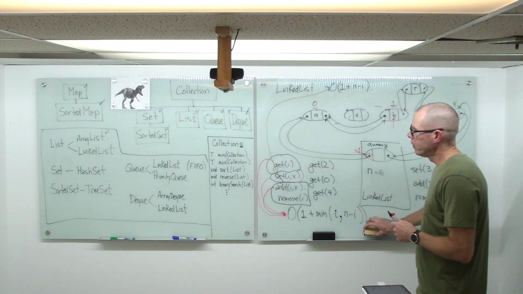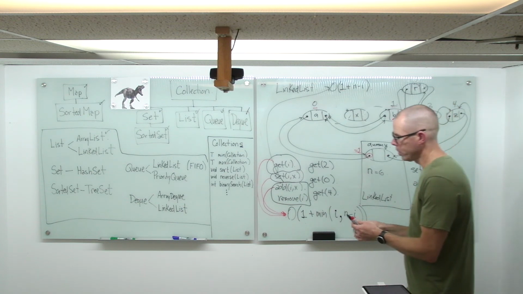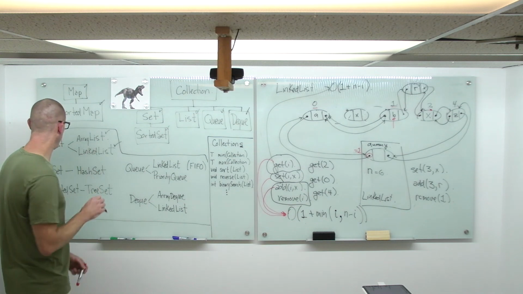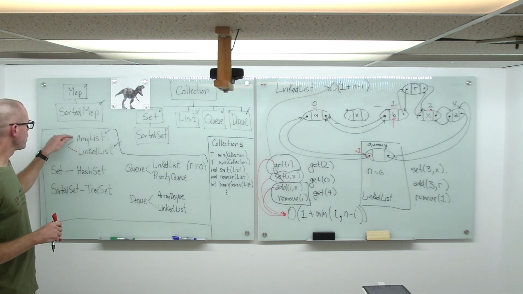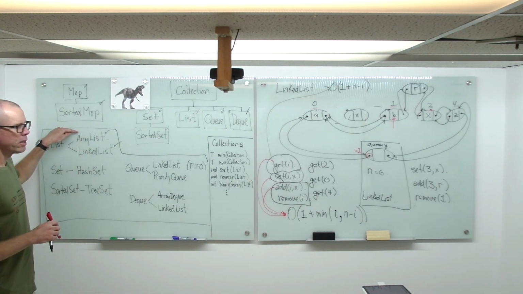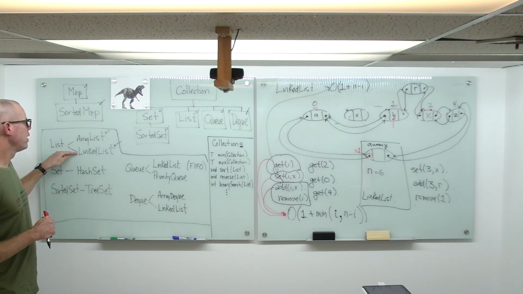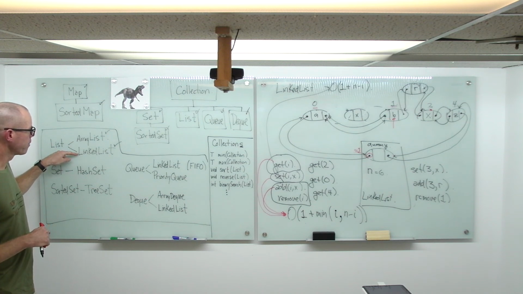All right. So now, actually, we can see a few things quickly. We have these two implementations of list. ArrayList is great if you want random access to values without adding or removing. Linked list doesn't give you fast random access throughout the list, but it's very fast for adding and removing at either end.